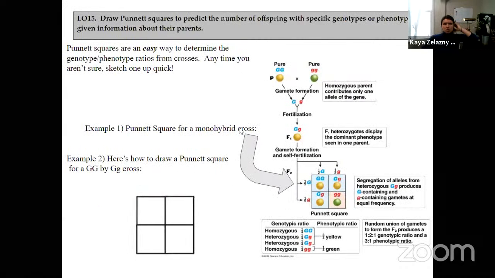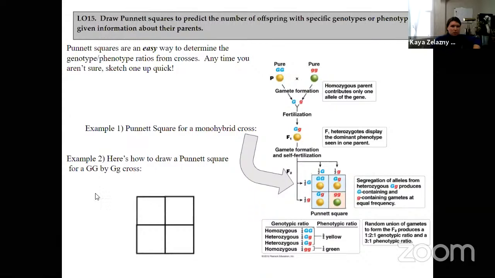Okay. So Punnett squares are our easiest way to determine our genotype and phenotype ratios from crosses, which is predicted offspring from sexual reproduction. So I recommend that anytime you aren't sure what you're going to expect in the children, you sketch up a Punnett square.